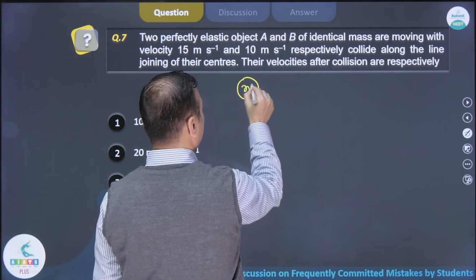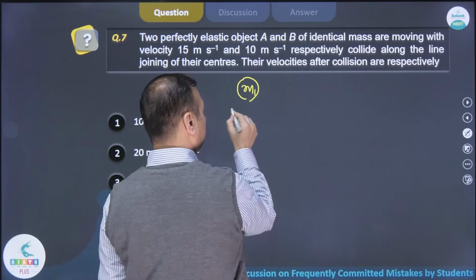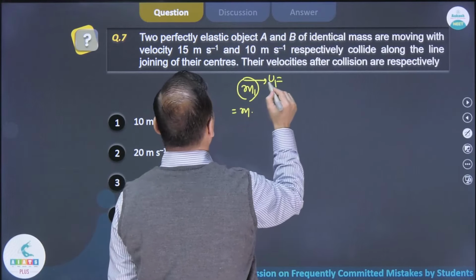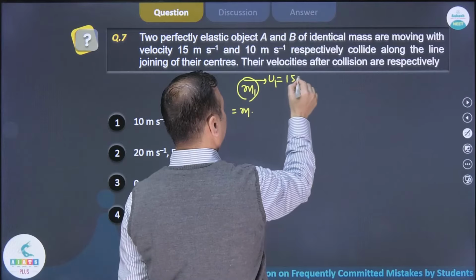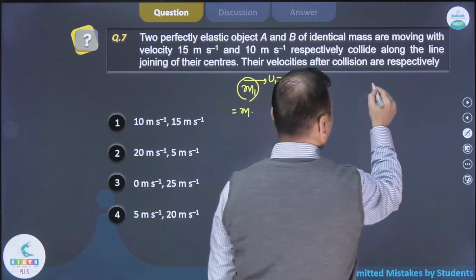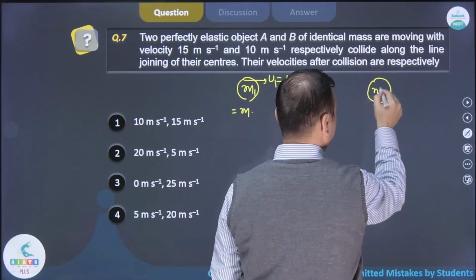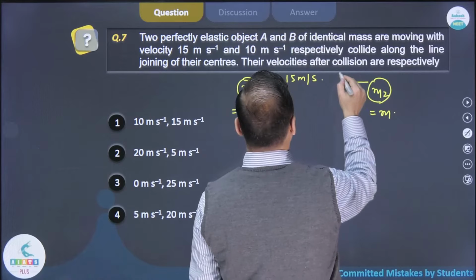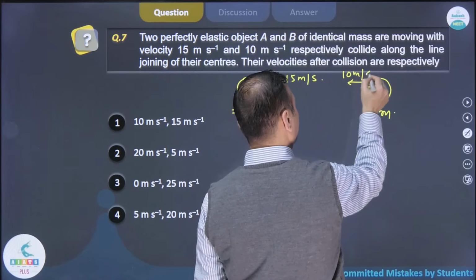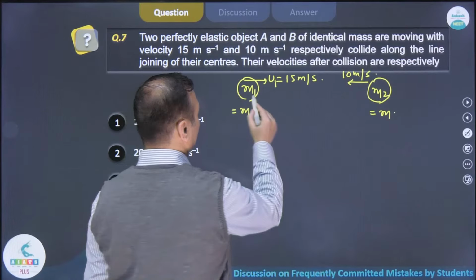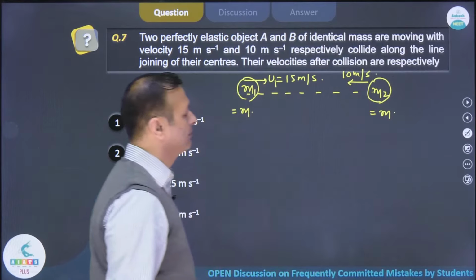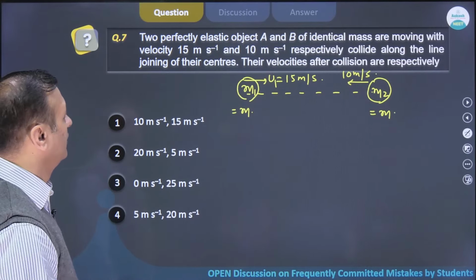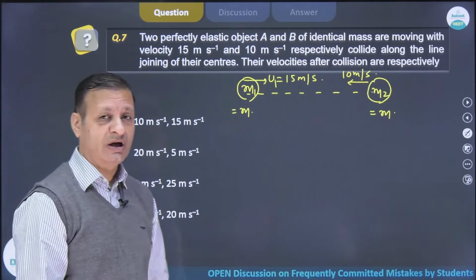This is mass m1, that is m only, moving with, let's suppose, 15 meter per second. There is another mass, m2, which is again m, moving with 10 meter per second. They are on the same line. Got it? Their velocities after collision are respectively.